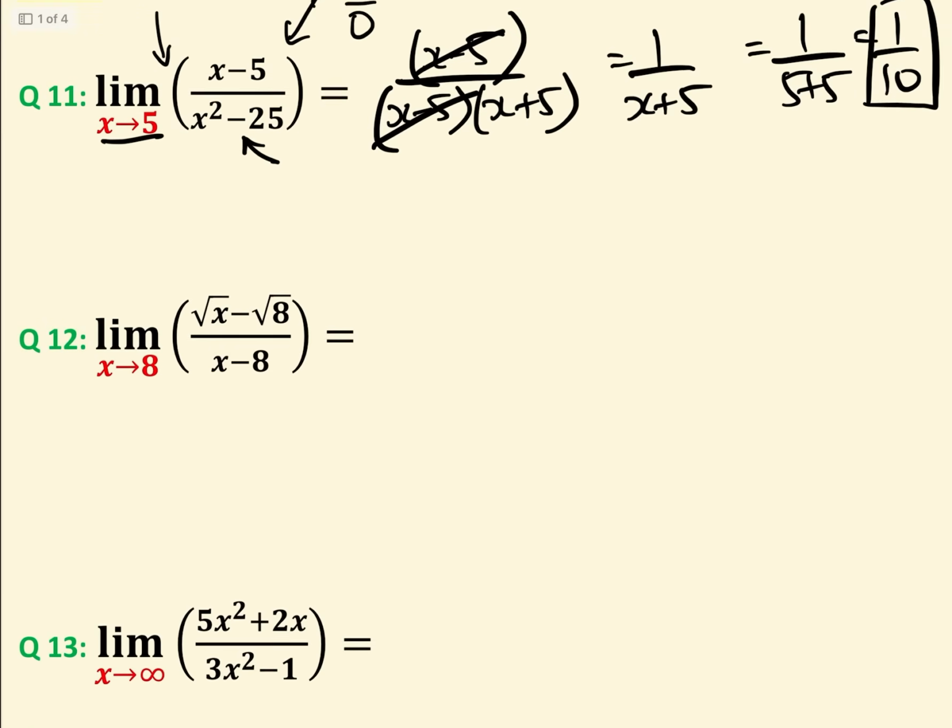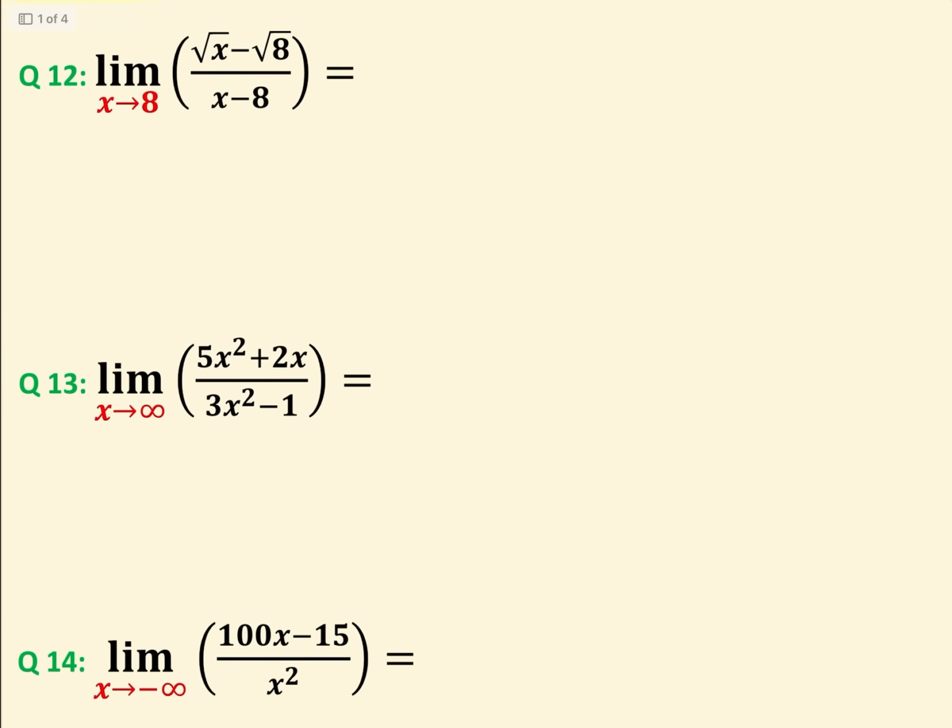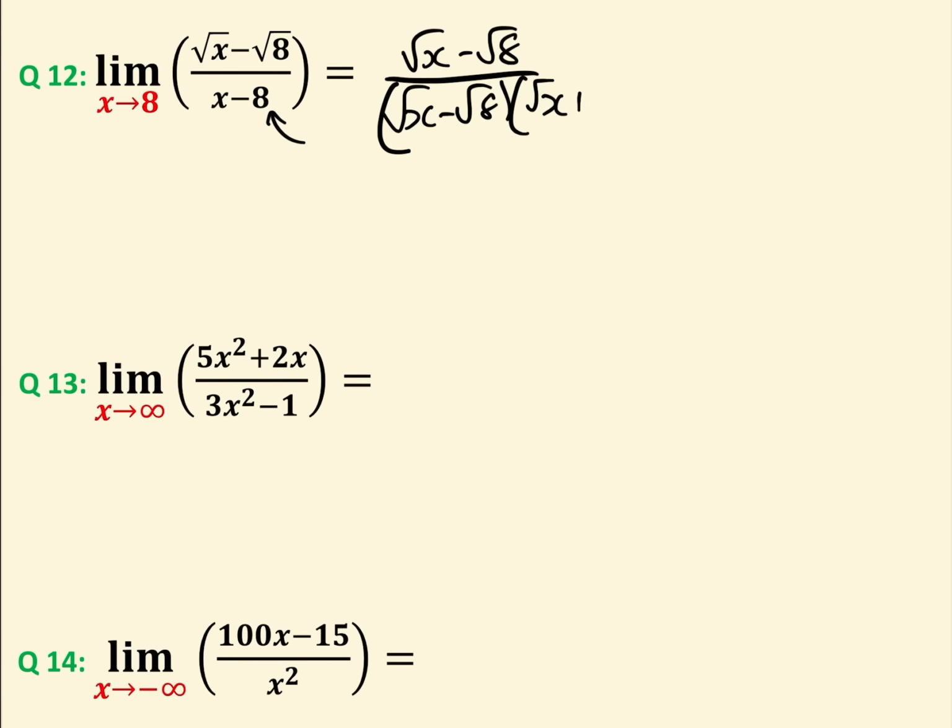Let's have a look at question number 12. It's a little bit more difficult to see the factorisation here, but in actual fact, by difference of two squares, we can rewrite this as (root x minus root 8) over (root x minus root 8)(root x plus root 8). And the root x minus root 8 cancels out.